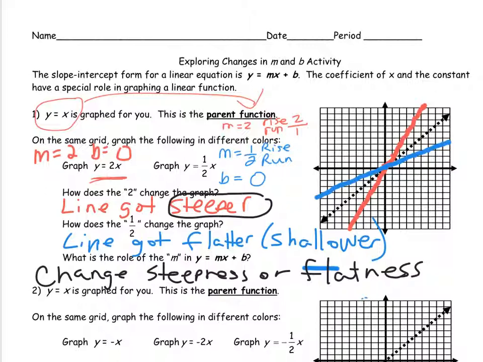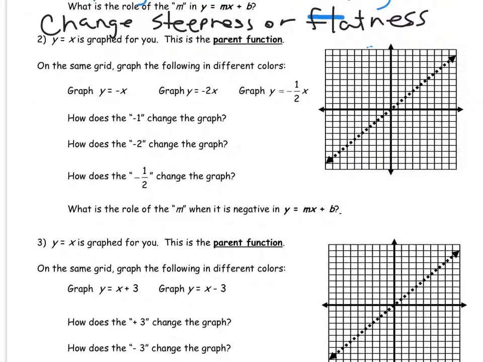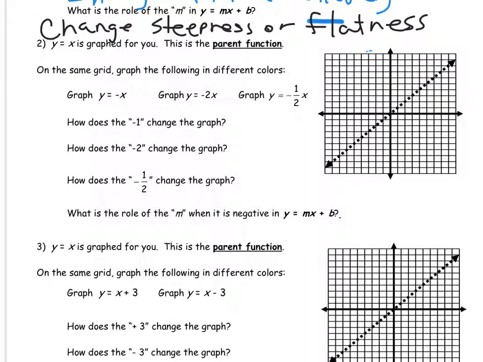Okay, so let's look at what happens when our slope becomes negative. So let's look at number 2. So number 2, again, they've graphed the parent function for us. This time they're going to ask us to graph 3 different lines.